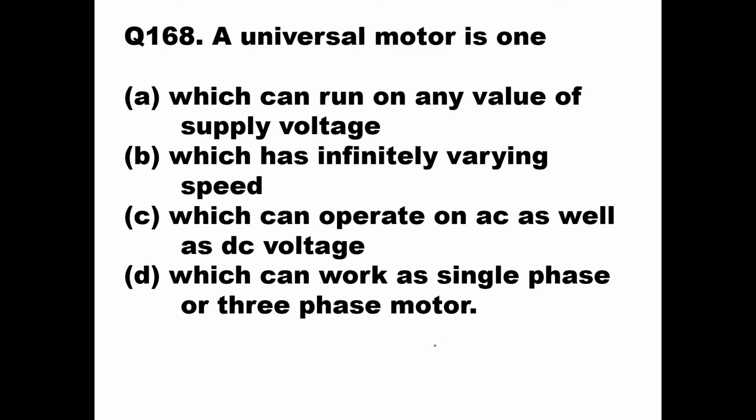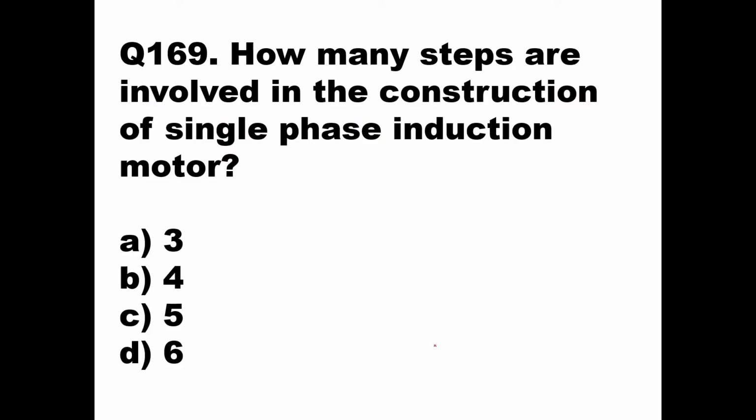If a motor works on AC and DC both, then it is called a universal motor. So option C will be the right answer here. A universal motor is one which can operate on AC as well as DC voltage. So option C is the answer, that this motor will operate on AC and also on DC. Clear? Then we'll go to the next question.